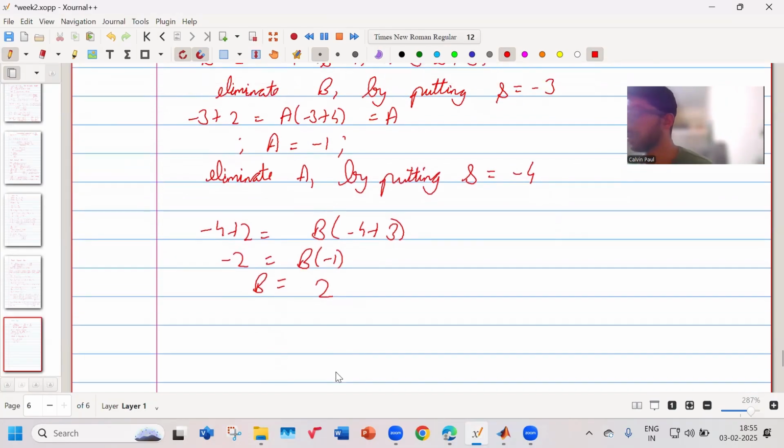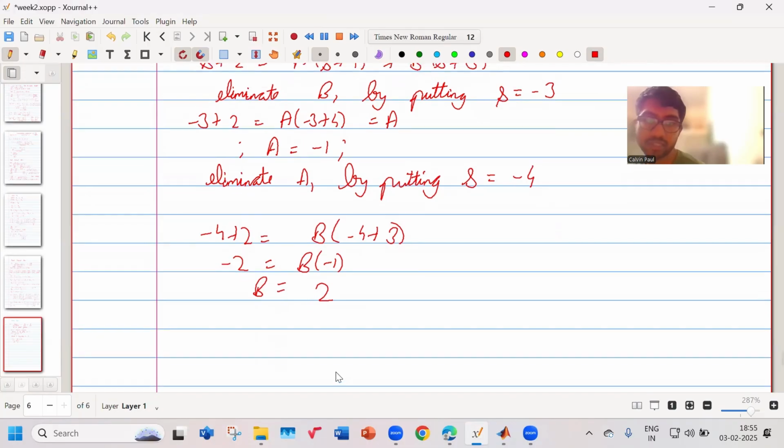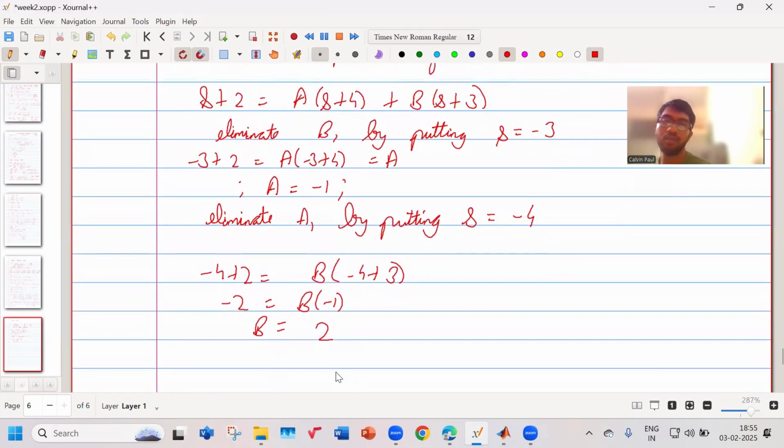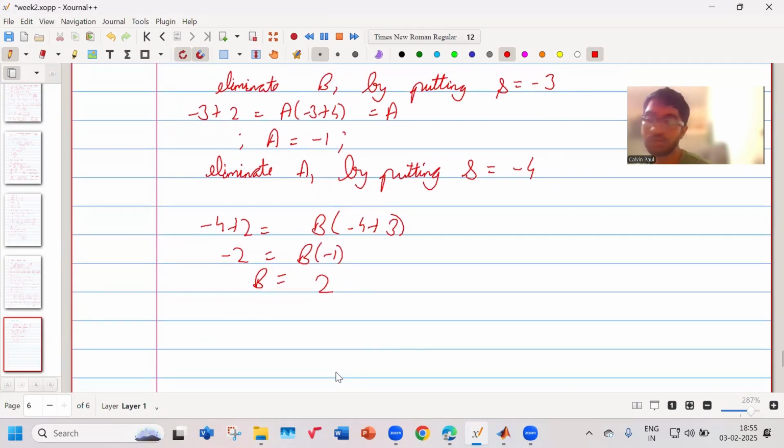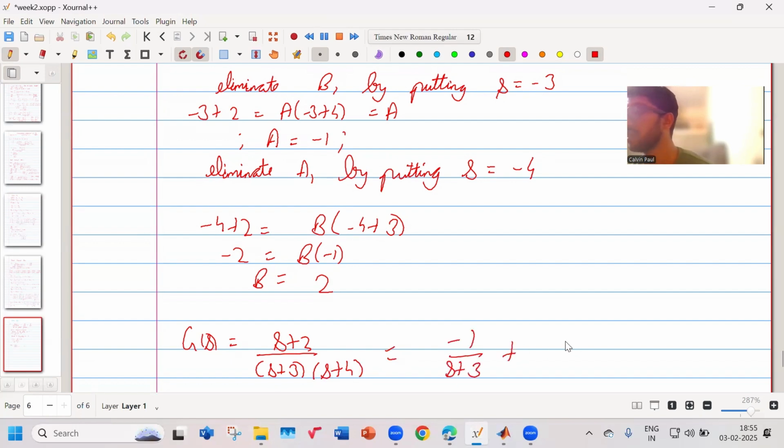Okay, so there's a very simple method, right? So what is our system now? Our system g of s, which is equal to s plus 2 upon s plus 3 into s plus 4, we are representing it as minus 1 upon s plus 3 plus 2 upon s plus 4.